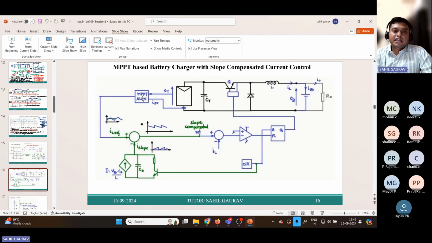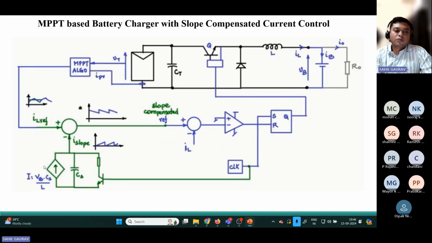Here the IL difference is coming from the MPPT algorithm, and from the slope compensated reference circuit we are getting the slope compensated reference value, and we are comparing this reference value with the inductor current, and this is the charge controller circuit.